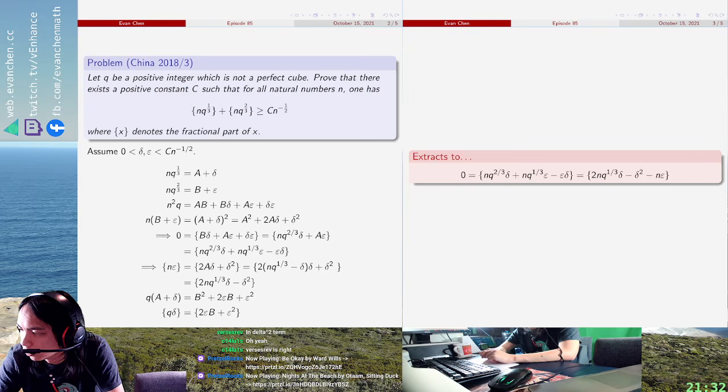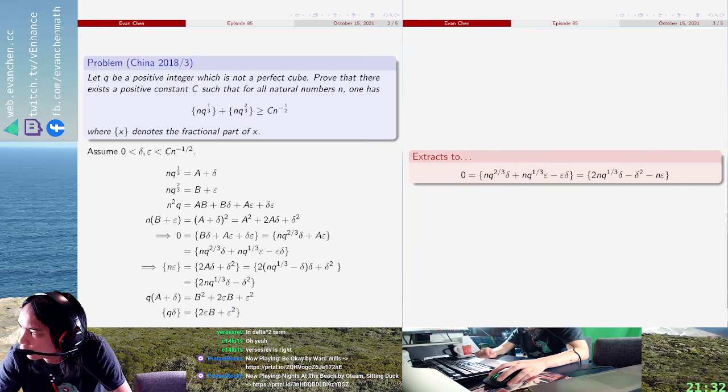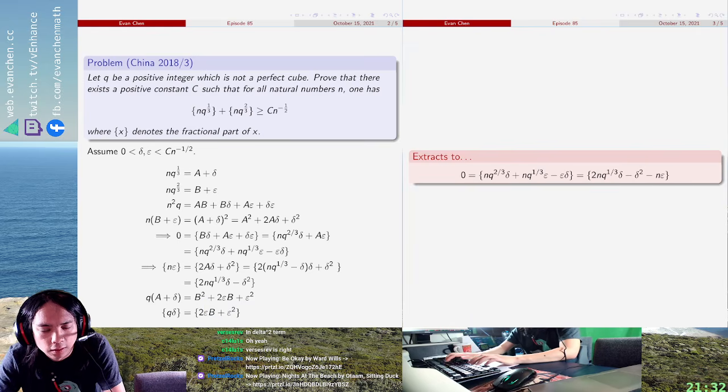And if I do essentially the same thing, but now I'm removing b, it's also equal to 2n 2 to the 2/3.